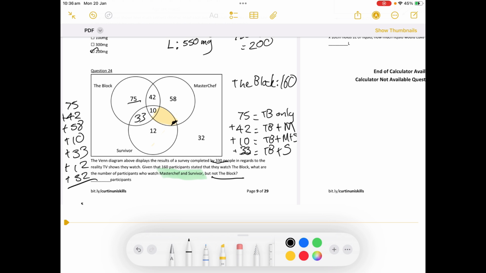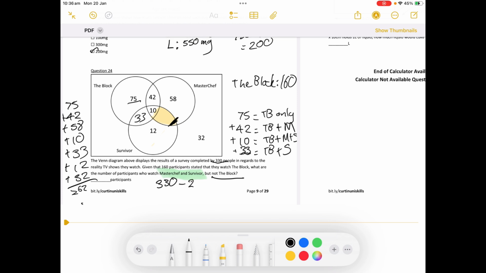So there's still the calculator section, so we'll add that up in a calculator. That's 262 people. And I know that this survey was completed by 330. So my leftover, the people that I missed, they must be in this yellow bit here, okay?